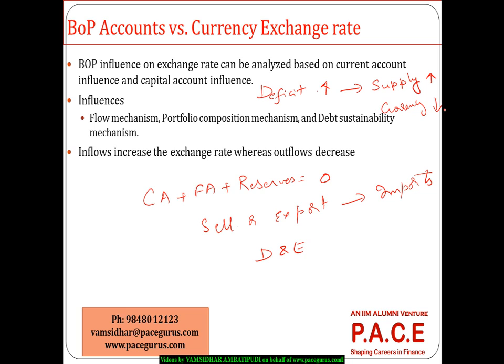So in general, the higher the inflow compared to the outflow, that could increase the exchange rate. The reverse could very well decrease the exchange rate or result in a depreciation of the currency. So more and more inflows through whatever the mechanism, especially with respect to the emerging markets.